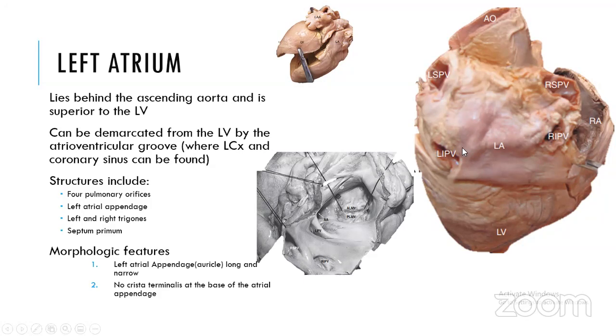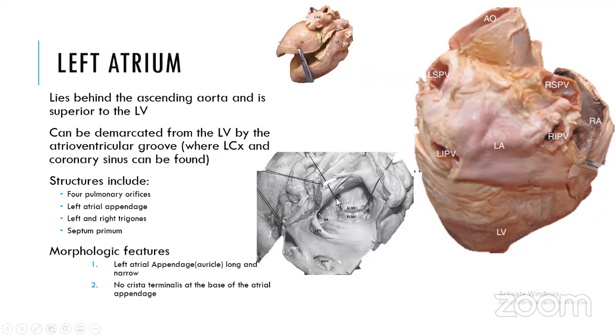In the structures of the left atrium, you can appreciate the 4 pulmonary veins, left and right. Here also the left atrial appendage, and the right and left trigones.